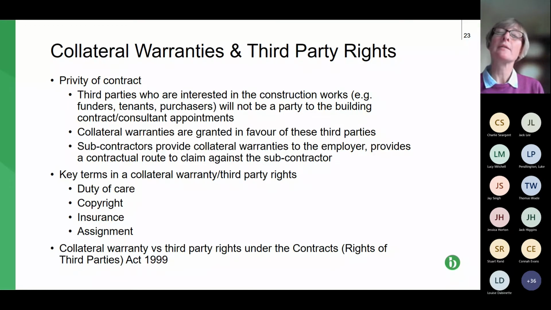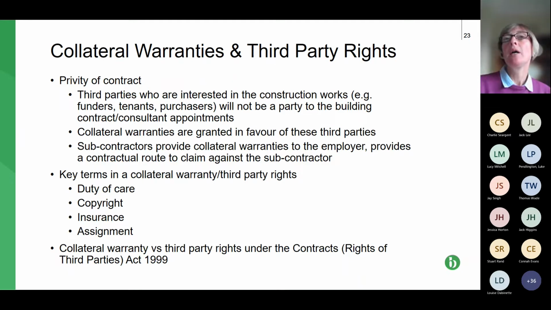If there are defects, then it will want to be able to proceed against the contractor to get those defects remedied. It can only do that because the original employer is out of the picture and not able to pursue the matter because it has no loss, because the funder has taken over the project.